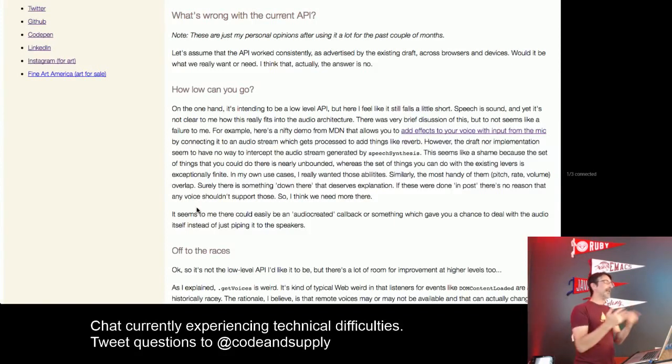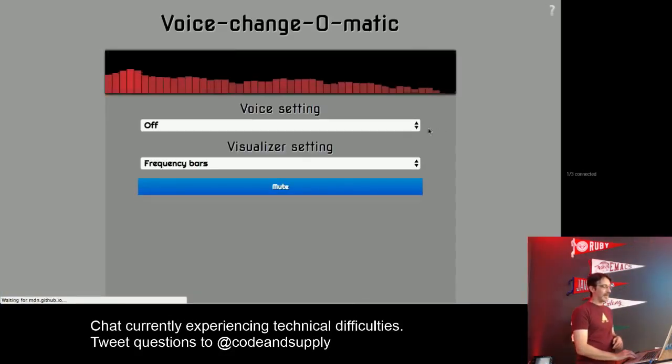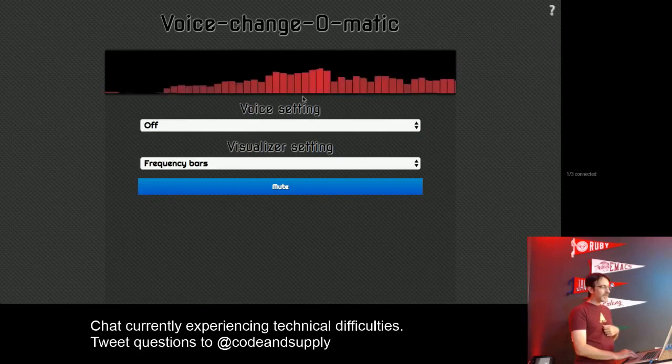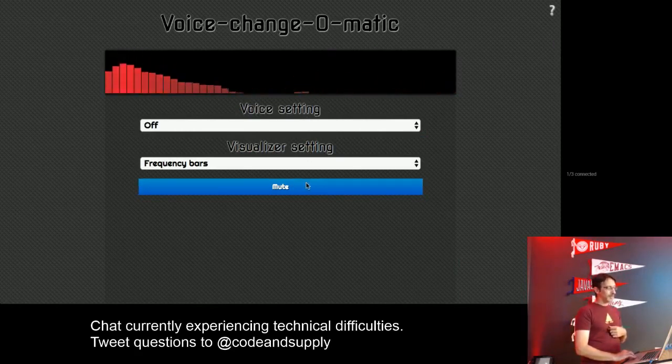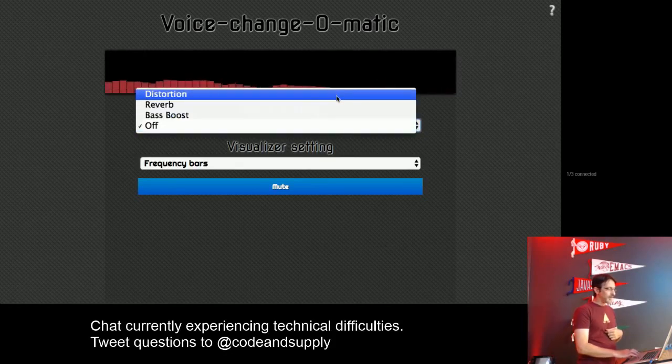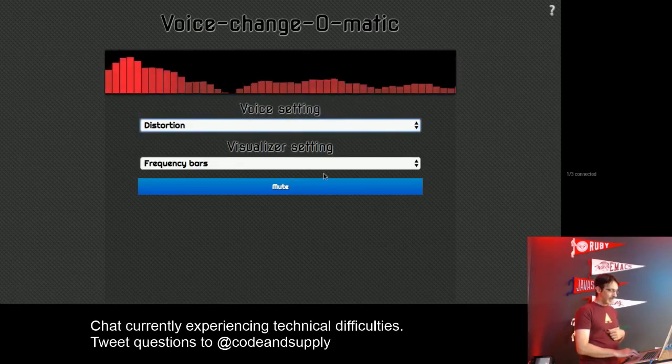More than even that, I want to be able to get the sound. It just automatically pipes to the speakers. Here's a thing from MDN that will show you. Okay, let's see. Is this working?